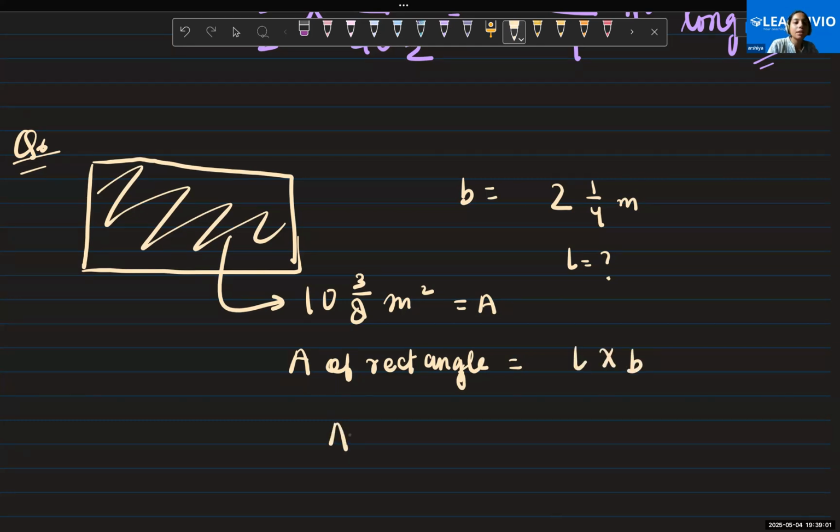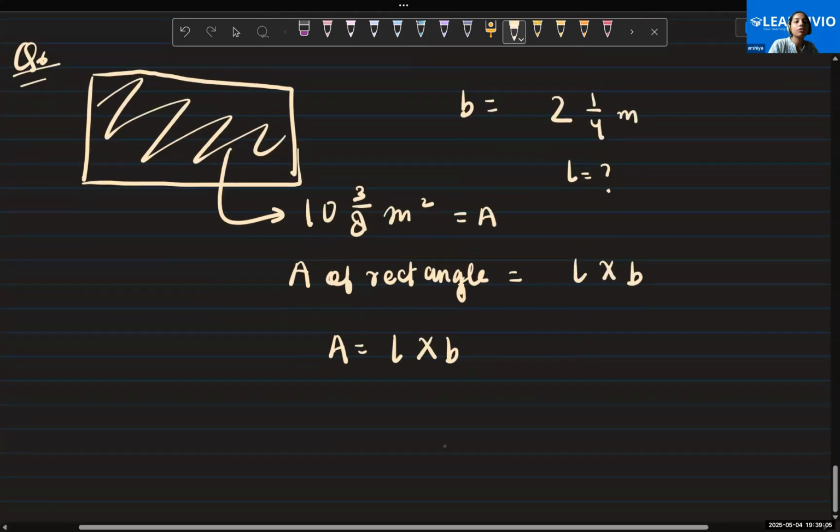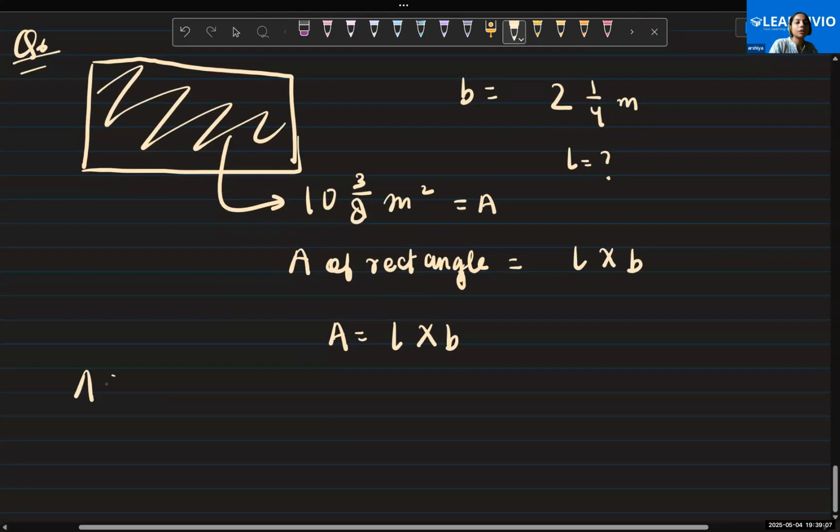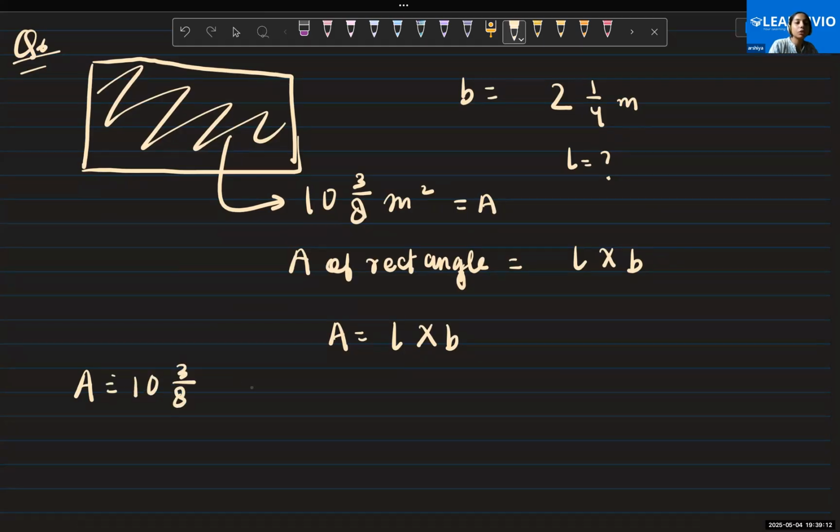So A is basically L into B. They have given us the value of A, which is 10 3 by 8. So first we will convert this. How much will I get after converting? 10 into 8, 80. 80 plus 3, 83. So 83 upon 8 meters square.